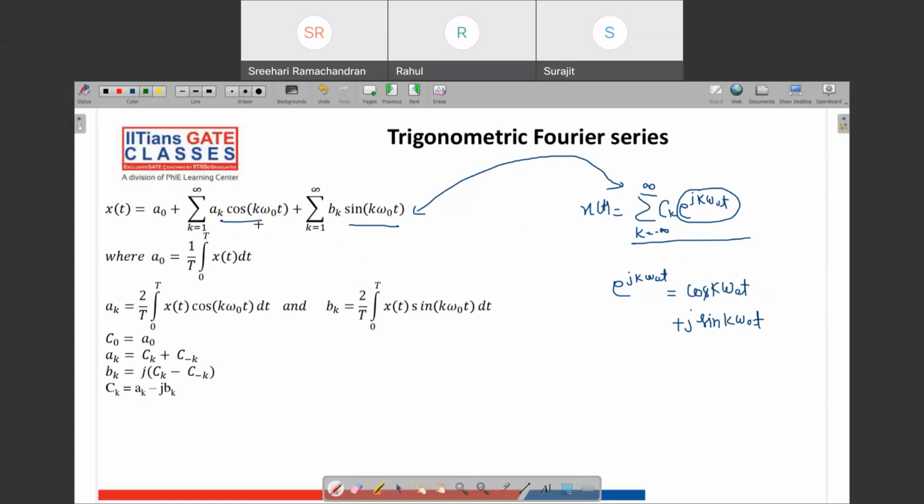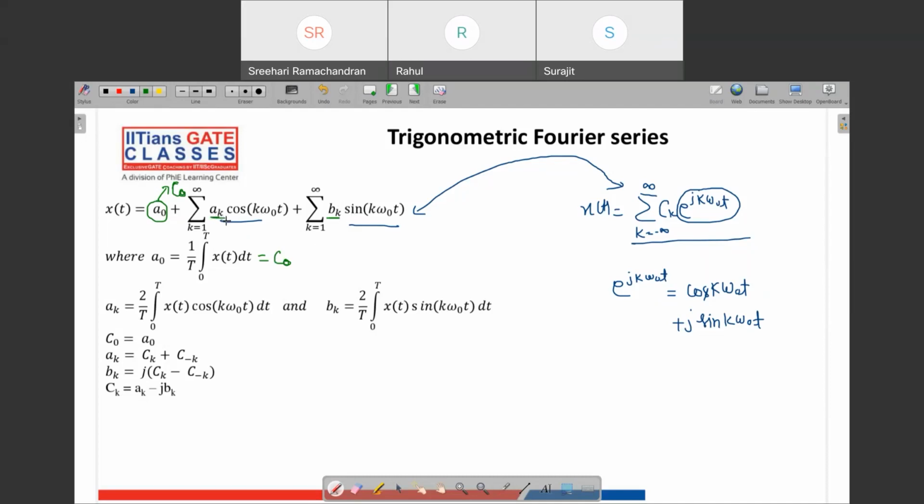This we call the trigonometric Fourier series. Now this a naught is same as c naught, that is the DC term, and then we have ak and bk. These two are the Fourier series components, ak and bk. Now, a naught is same as c naught. So if you see this formula, this is same as c naught.